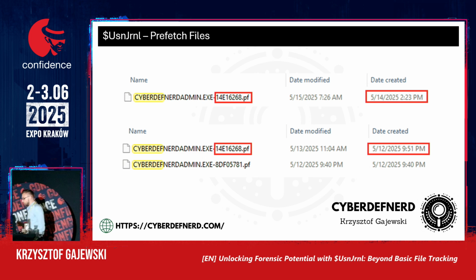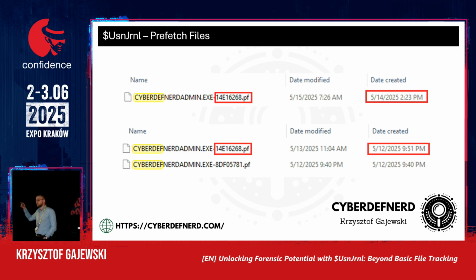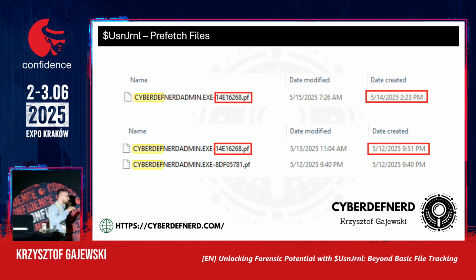So here I did a test. When I was preparing the slides for that presentation, I created an executable called cyberdefadmin or whatever.exe, and I ran it from one place, then I copied that file and ran it from a different place, because the prefetch file is for the executable.